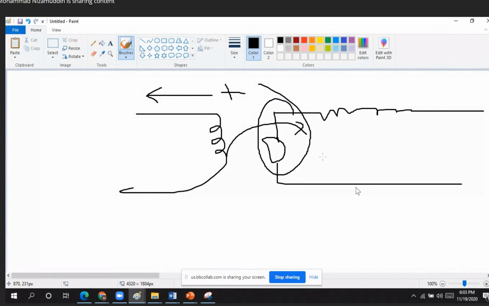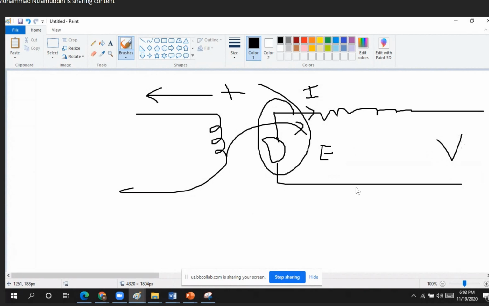Okay, so E times I cosine of delta. Remember, it's single phase equivalent. EI cosine of gamma here. What is the angle between them? Then EI cosine of gamma.